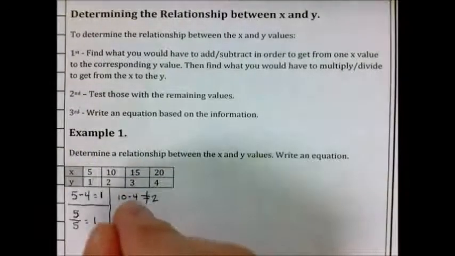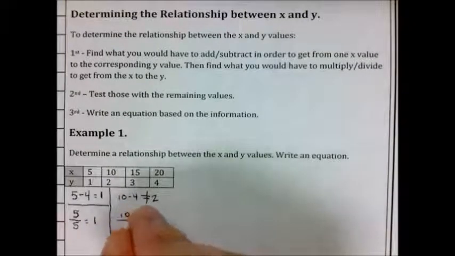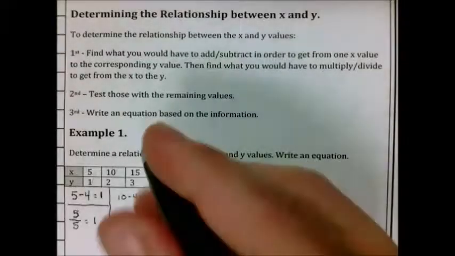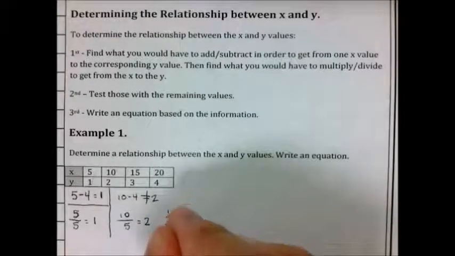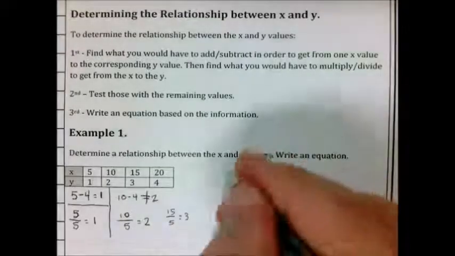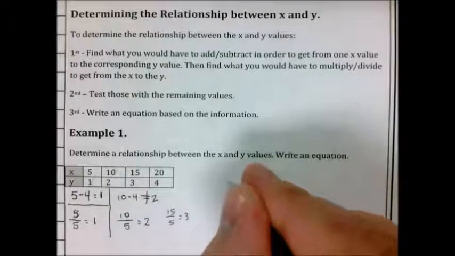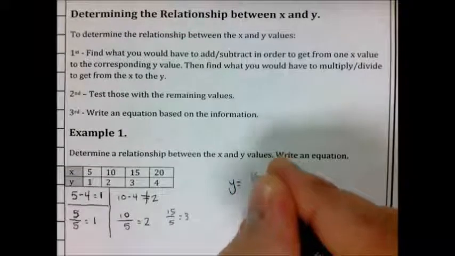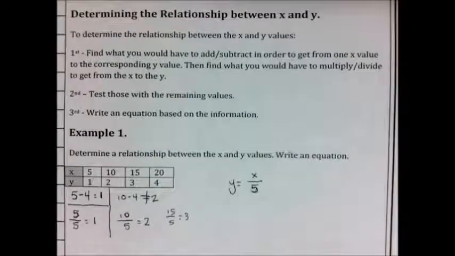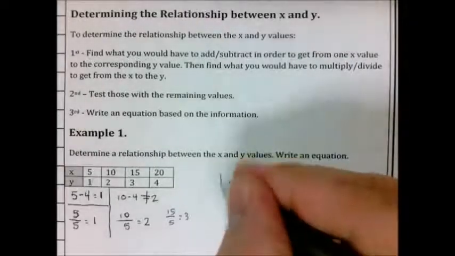But if we test it with our x value and divide by 5, 10 divided by 5 does equal 2, and 15 divided by 5 does equal 3. So we test those remaining values, and the dividing by 5 works, not the subtraction. Therefore, our equation would be y is equal to x divided by 5. We're dividing every x by 5, and that gives us our y.